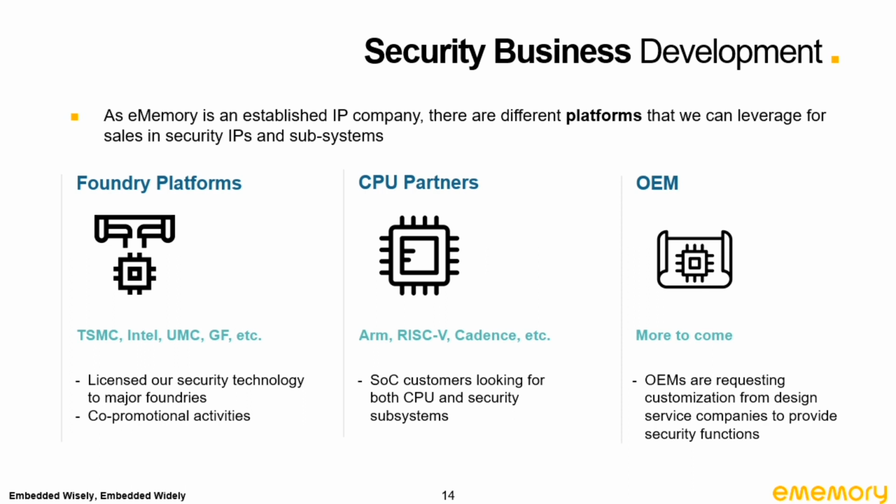And the third platform will be the OEM and design services. Many OEM companies have started to ask design services companies to customize their chips in system devices. Most of these system devices require strong security functions, which our security IP can provide.